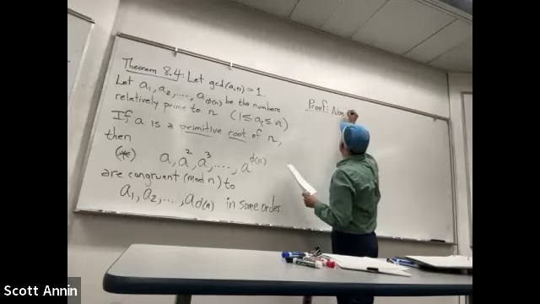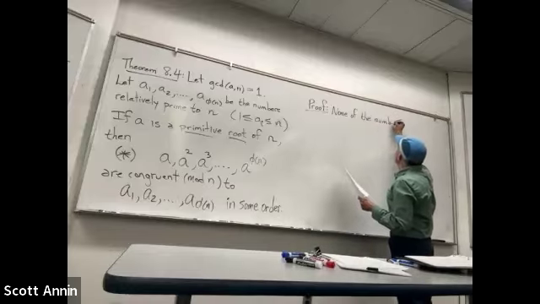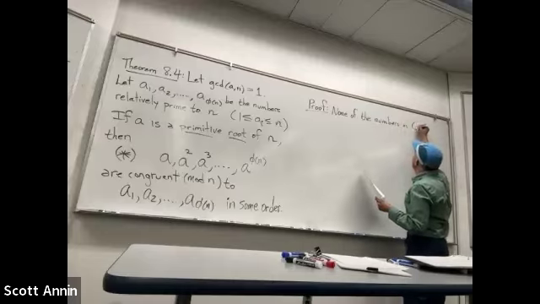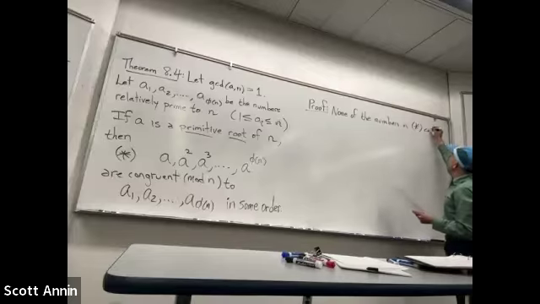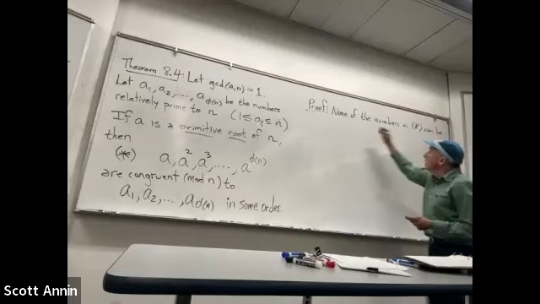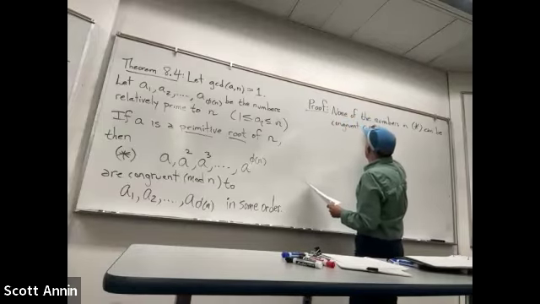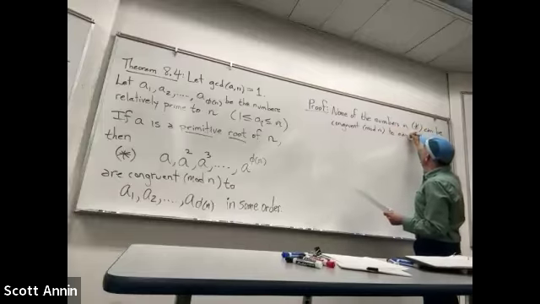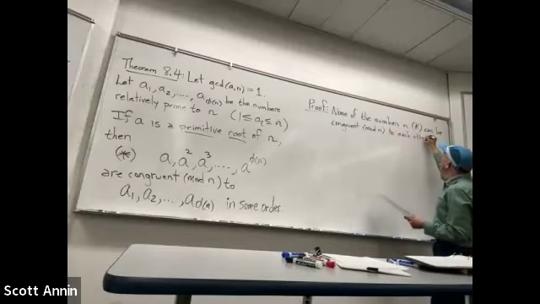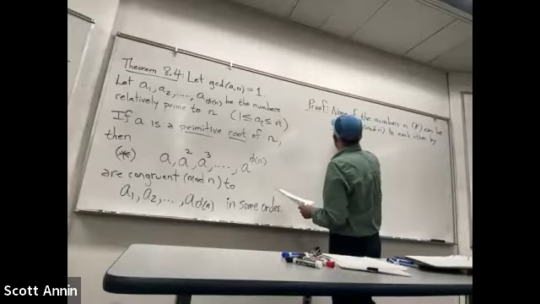None of the numbers in the star, the asterisk line there, those powers of A, none of those numbers can be congruent, and this would be in mod n, to each other by theorem 8.2.